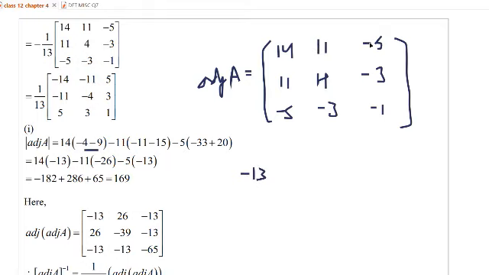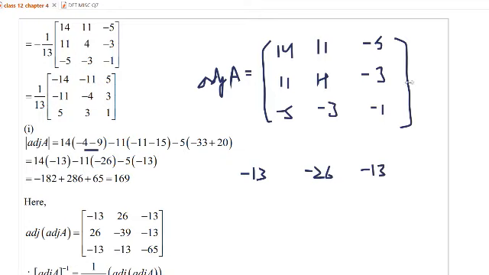Hiding this 11 by row and column, I'll get minus 11, minus 15, that is minus 26. If you change the sign of this element, directly you'll get the cofactor. I'll do it later. Hiding this element by row and column, minus 33 plus 20 will be minus 13. So I hope this is clear.